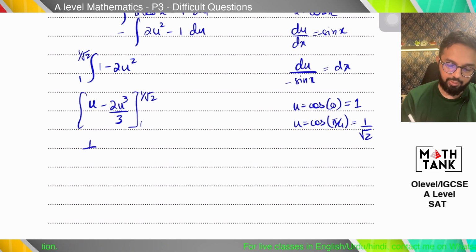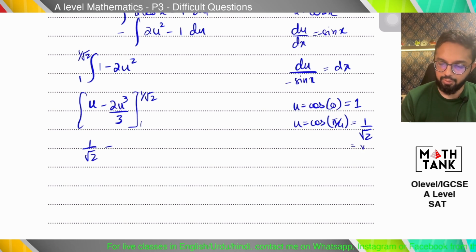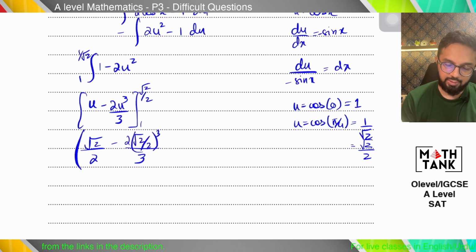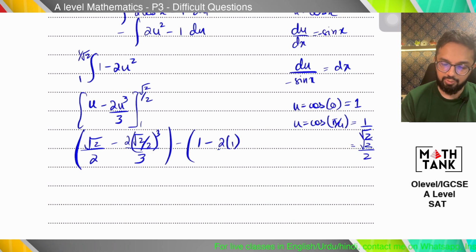So 1 over root 2, or let's write that as root 2 over 2 so that we don't get confused. Root 2 over 2 minus 2 root 2 over 2 cubed over 3. That's the upper limit. And that's the lower limit. You can see that the lower limit is larger, but that's fine.